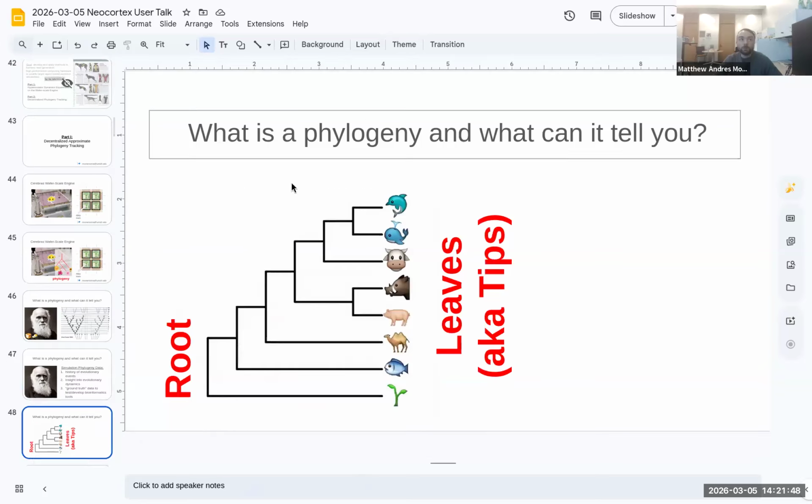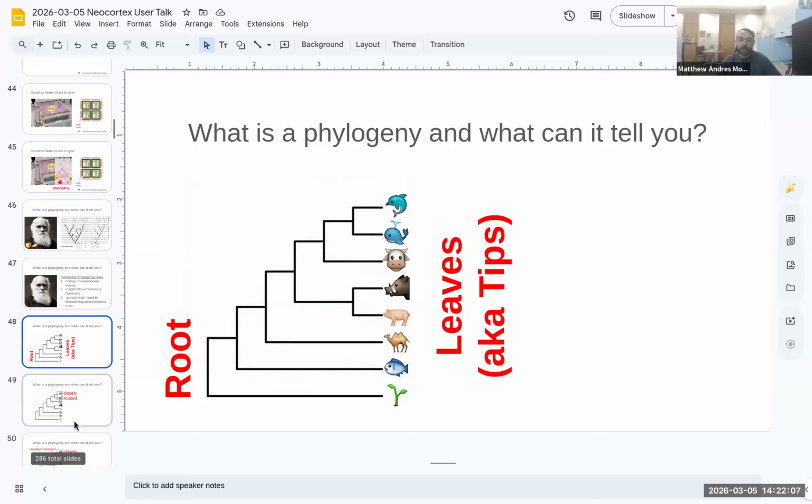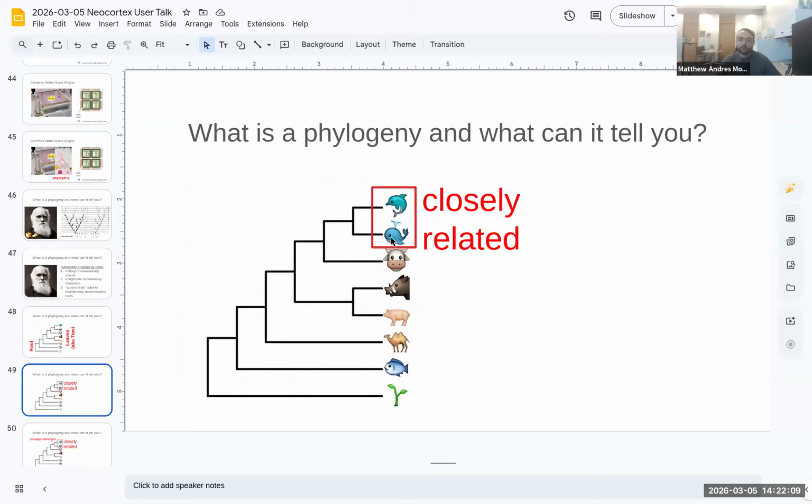So I'll go over the fundamentals of what a phylogeny is and how to read one. Phylogenies are oriented, typically going from the root down to the leaves. And the distance that you have to go back when you take two leaves and trace them back on the tree and see where they connect tells you how closely related the two organisms that you've selected are.